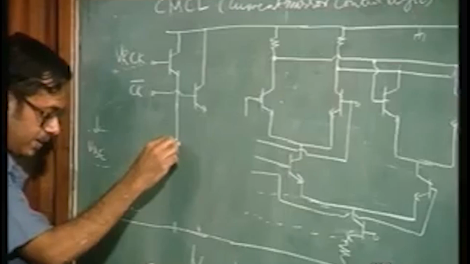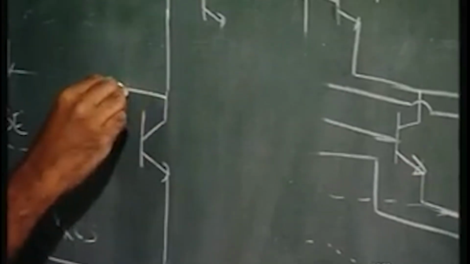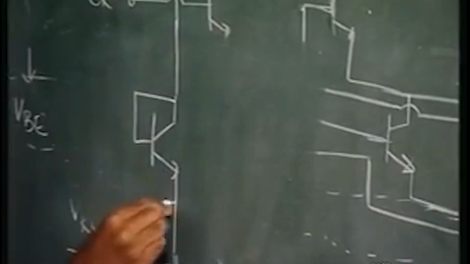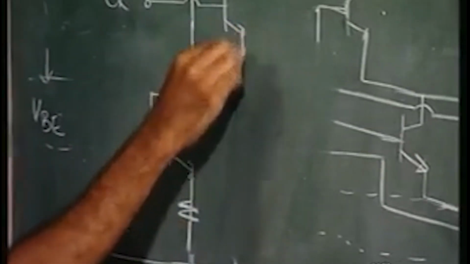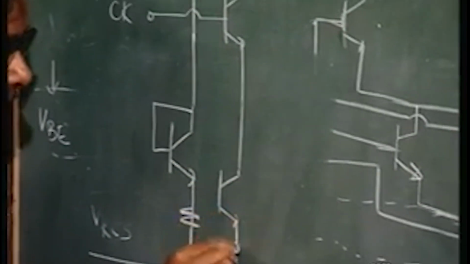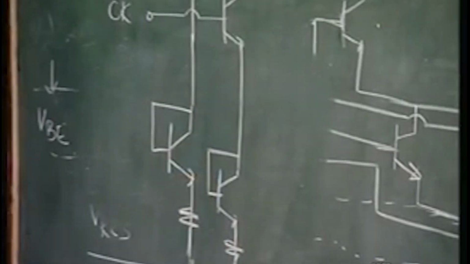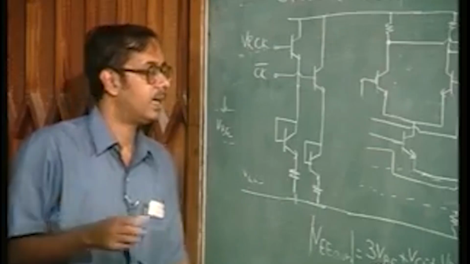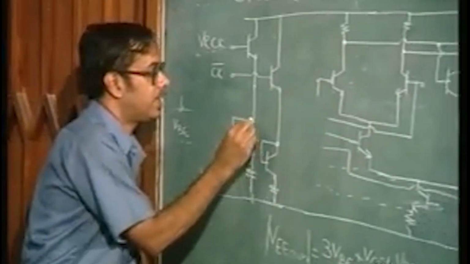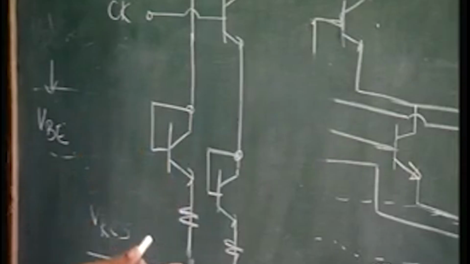So what you have here is a current mirror arrangement. I suppose you are aware of what a current mirror is. Basically you have a circuit here which controls the current flowing in some other circuit.